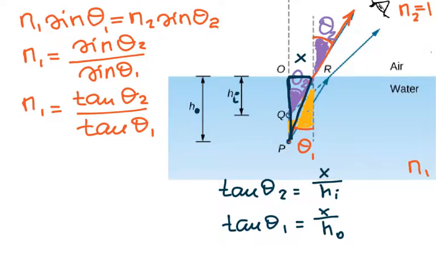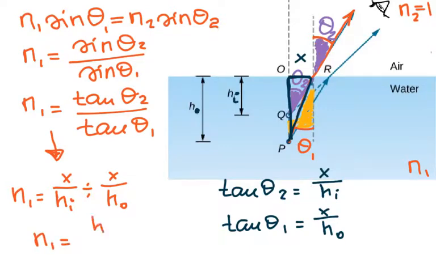So now if I plug it into my equation, n1 is equal to x over hi, divided by x over ho. So n1 is equal to ho over hi.